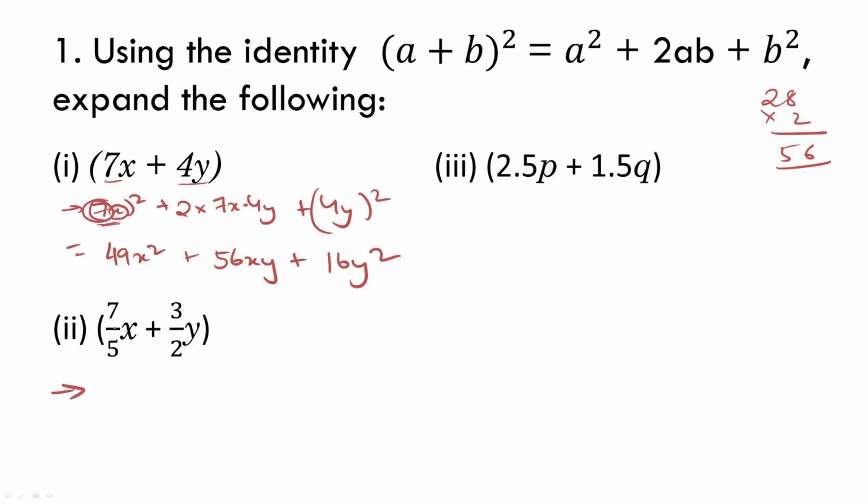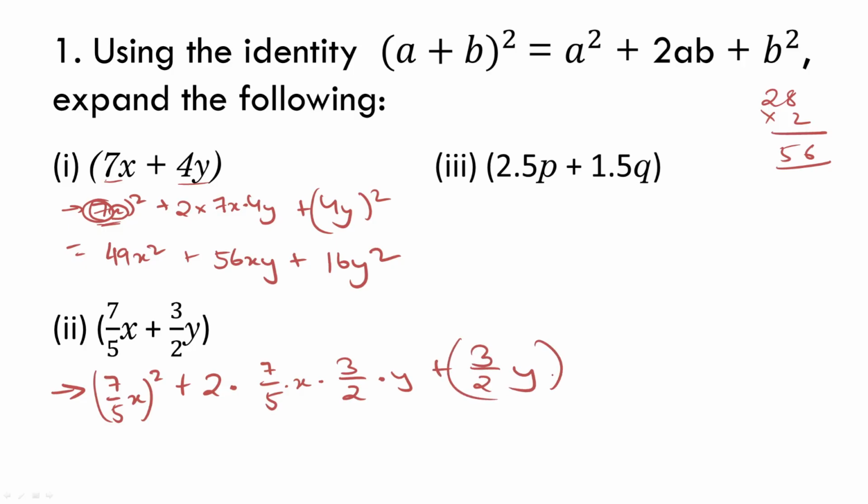Now looking at the second, (7/5)x square plus 2 times (7/5)x times (3/2)y plus (3/2)y whole squared, which is equal to, when we put square, it will go here, here, and here.